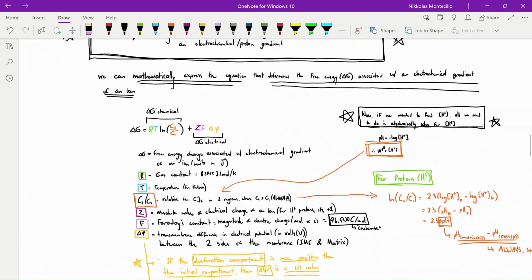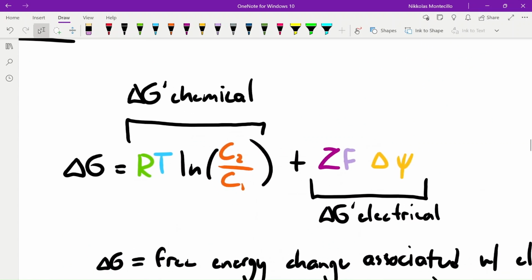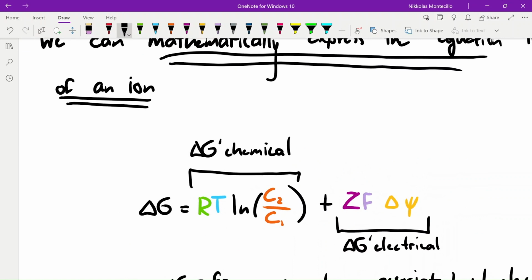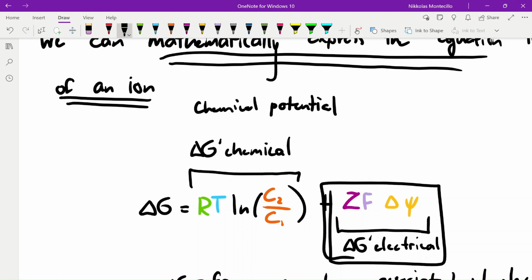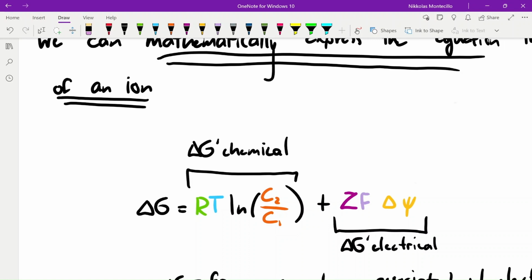So we see here that delta G of the electrochemical gradient is comprised of two factors. Remember the two factors: the chemical potential, and then this is the electrical potential. So we saw two factors, and now we're seeing them in mathematical expressions.